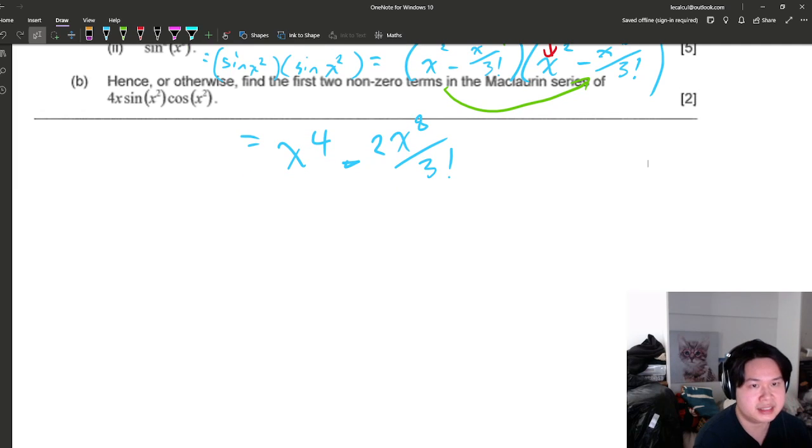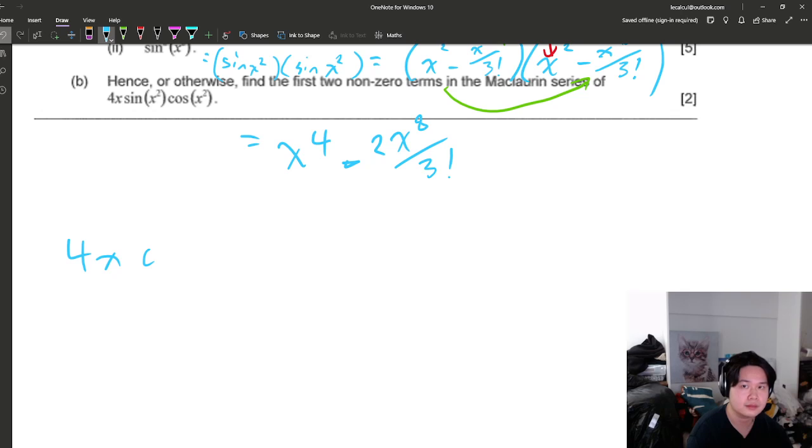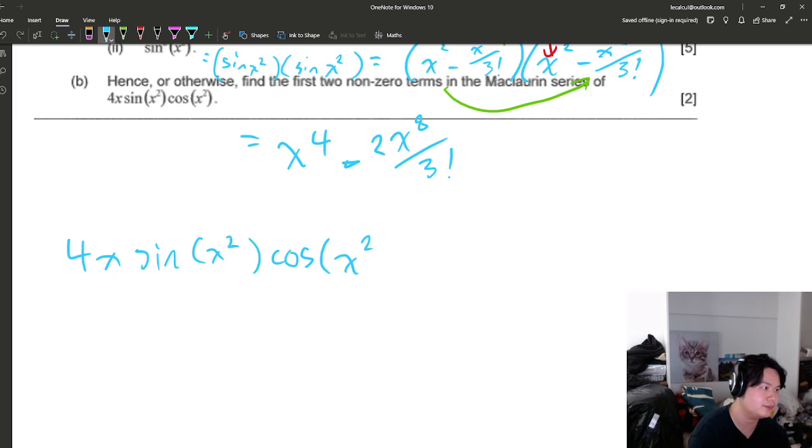Hence or otherwise, more Maclaurin for this thing. Okay. So the otherwise implies that you could just do this. We already know what this is.